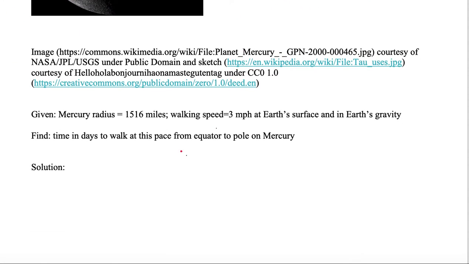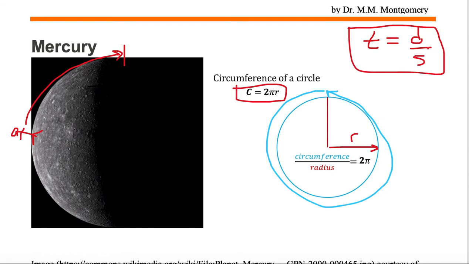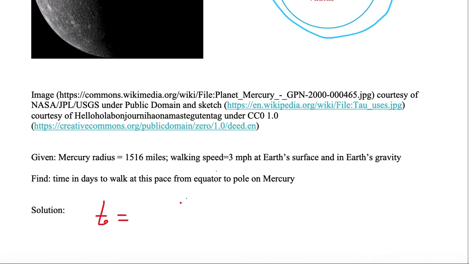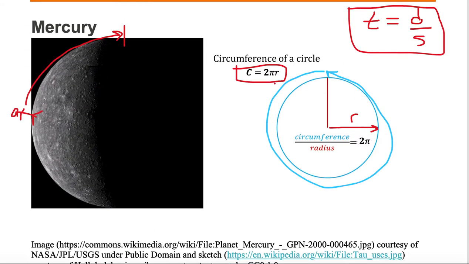So we want to find time, which is equal to, from our equation, distance divided by speed. And now we need to know the distance. Well, the distance is circumference, but the circumference is all the way around, and we only want to go 1/4 of the circumference.